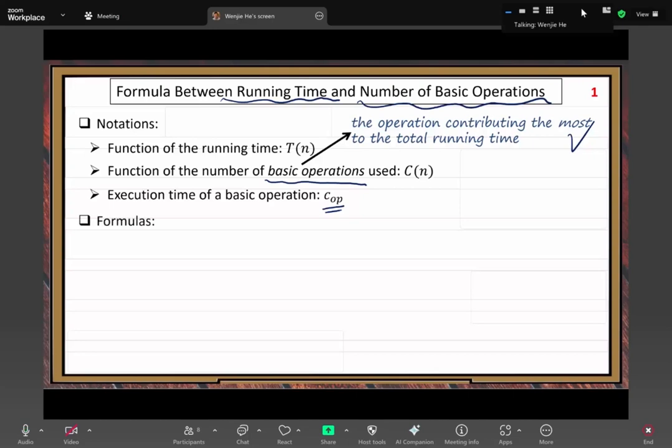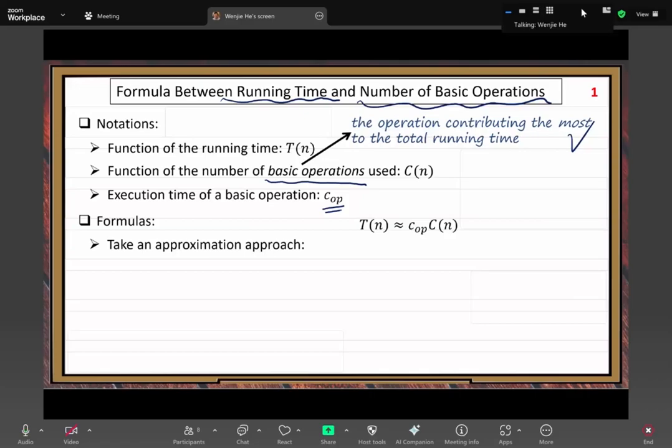Then we have a relationship. The formula describes the relationship between T of n and capital C of n. We can use an approximation formula: T of n is approximately equal to c_op, the constant, multiplied by capital C of n.